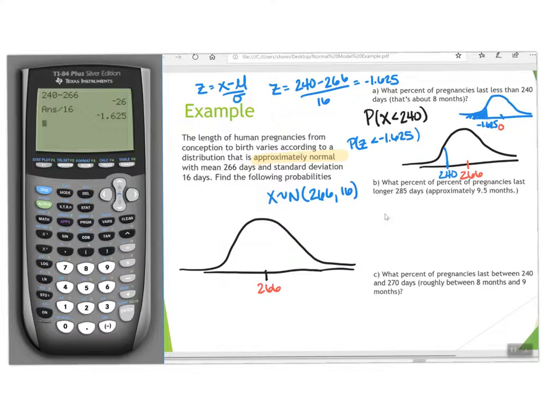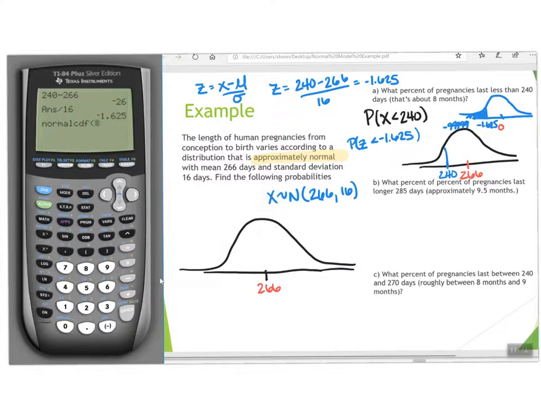Now, we're going to use our calculator to find this area. When we look at this curve, we're going to first use the normal CDF. So that's second vars, normal CDF. Our lower bound here is negative 99999, because the left-hand side goes to negative infinity and we need a number for that.